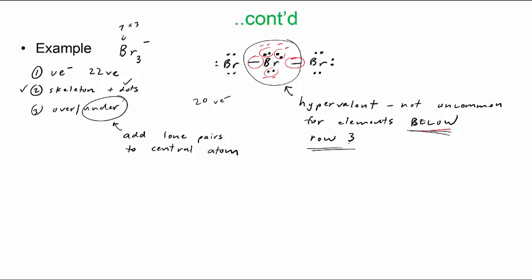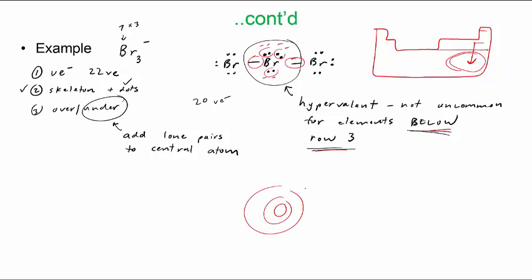However, if you get below row 3, if you remember from our periodic trends, when you start going down a column, here's row 1, 2, and here's row 3. So when you start getting to these types of atoms, you start to get really huge atomic radii. Bromine is on the 4th row, so it's going to have 4 rings. So 1, 2, 3, 4.